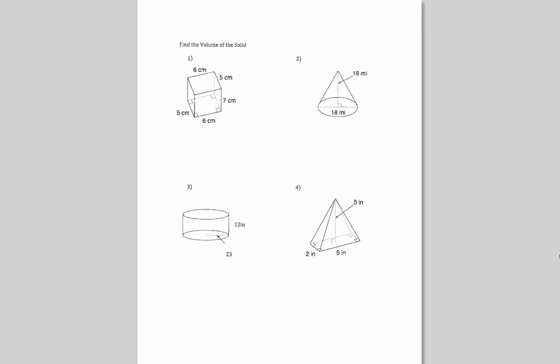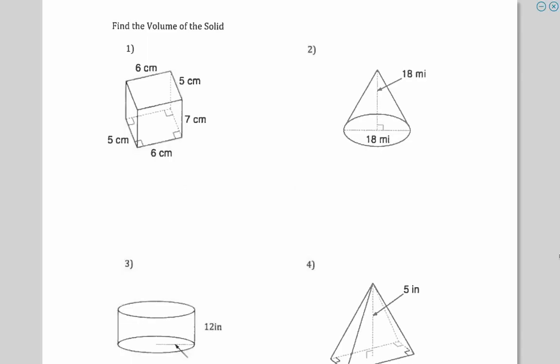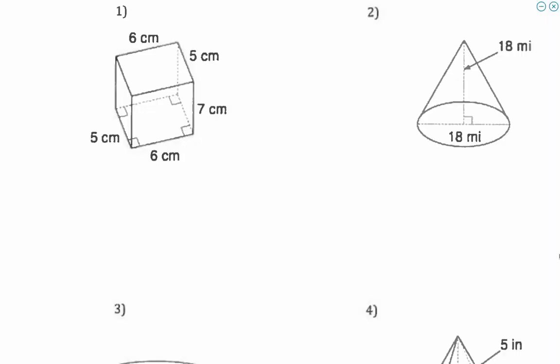All right, on to problems from 5.2. Finding volume. I'm actually going to go through all of these first and find the base of each of them. So here, we have a rectangle on the bottom, rectangle on the top. That is a prism.